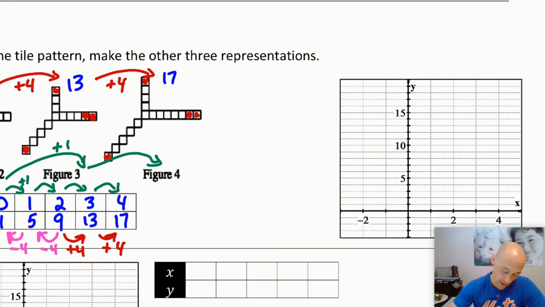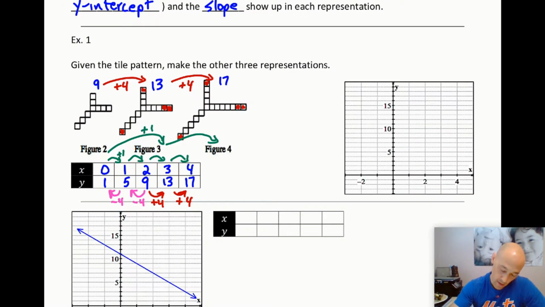So now our equation, y equals mx plus b. M is our slope. B is our starting value, or y-intercept.